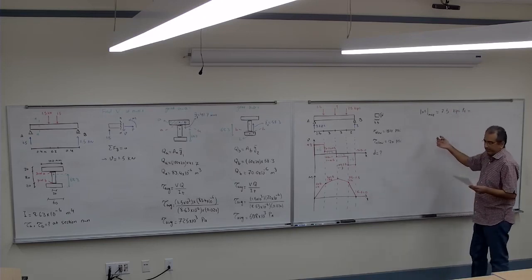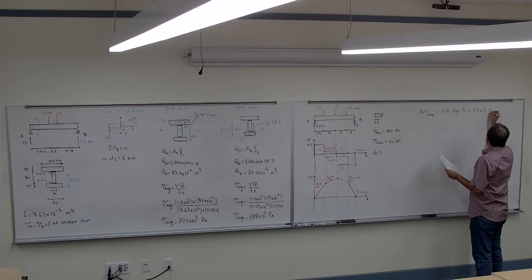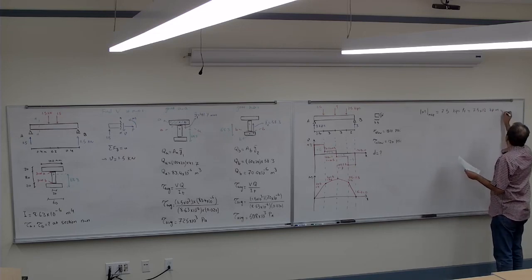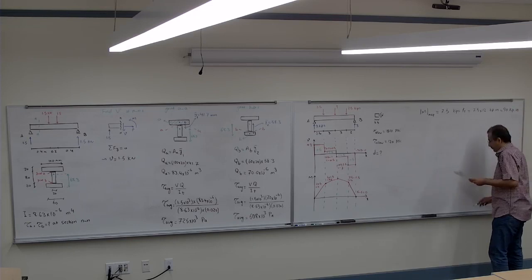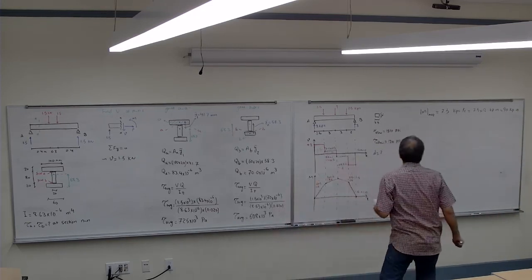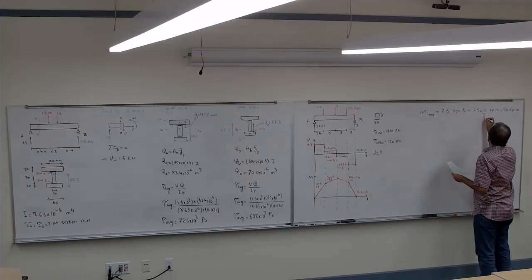Because we want it in inches, it's going to be 7.5 times 12 kip-inches. It would be 90 kip-inches. So that's the moment, and this is foot to inch.